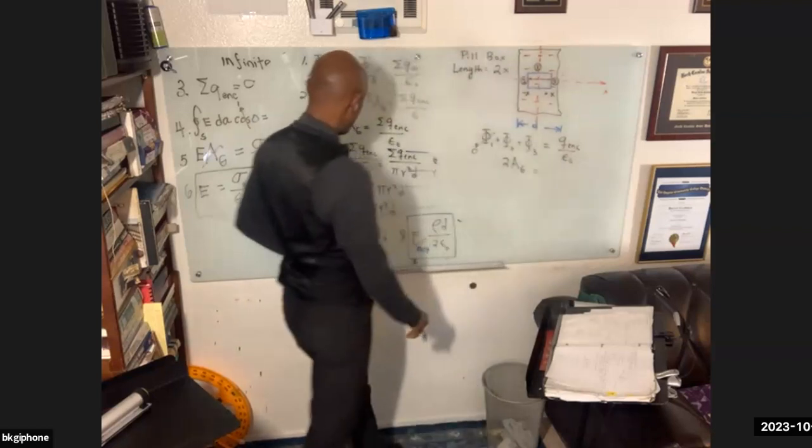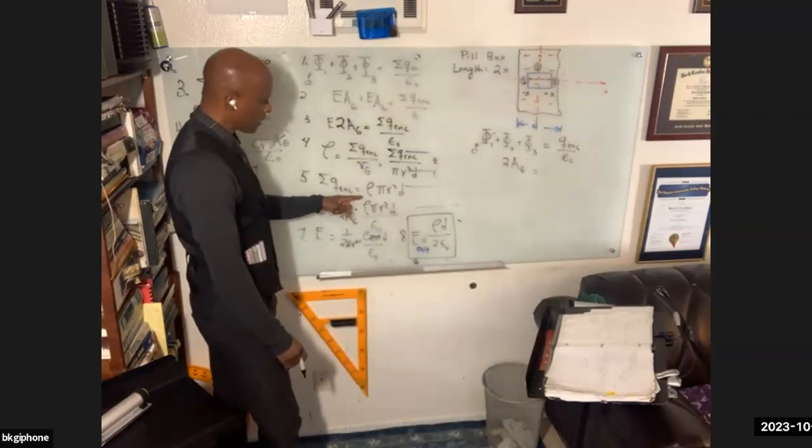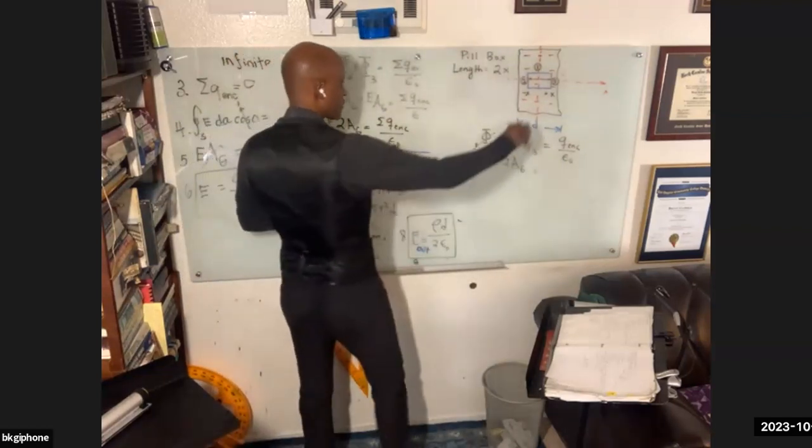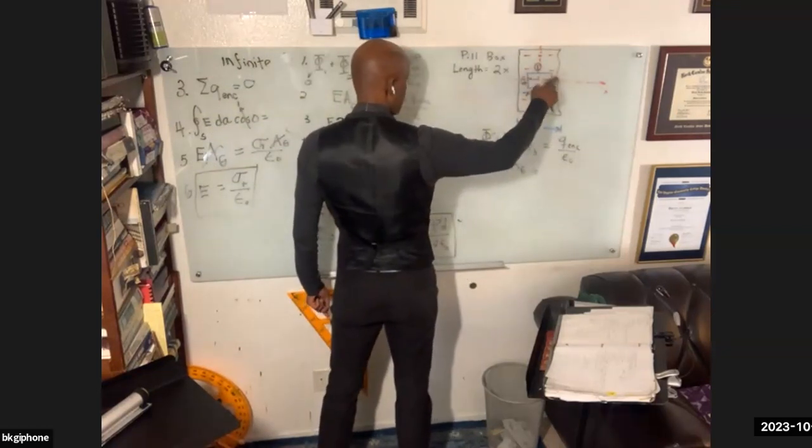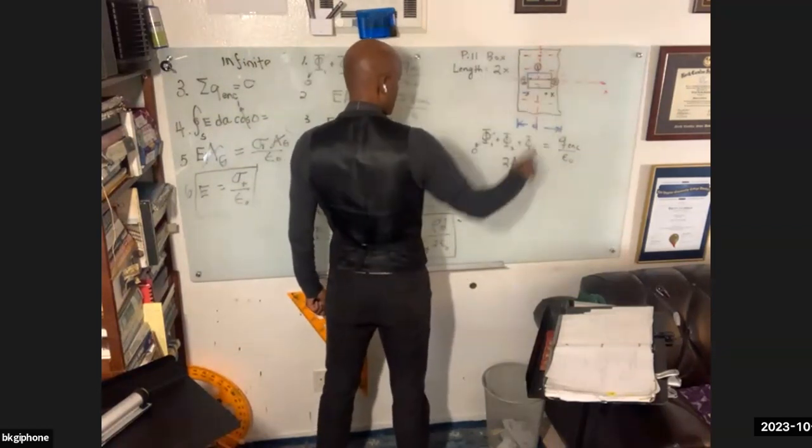I'm still going to be able to substitute in rho, where rho is the charge density, which is uniform, but it's also the charge per unit volume of this new Gaussian now.